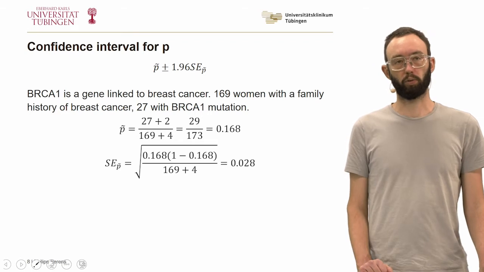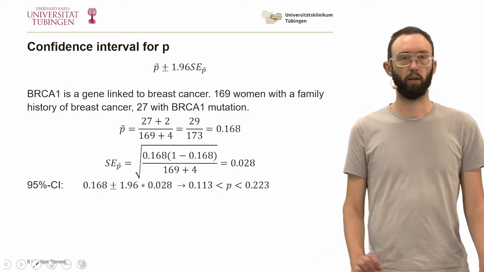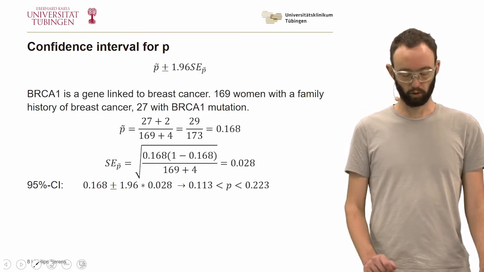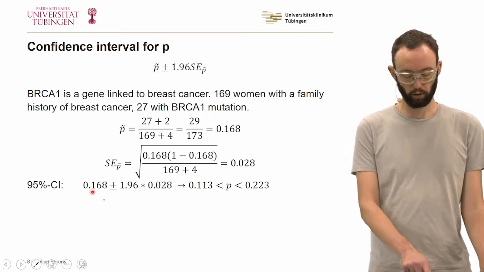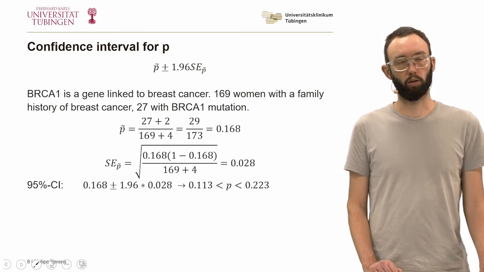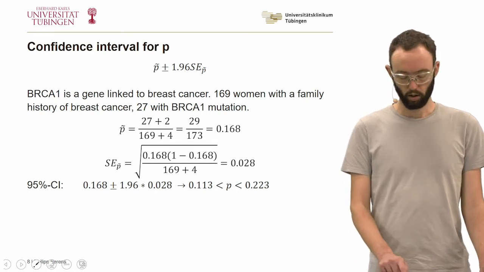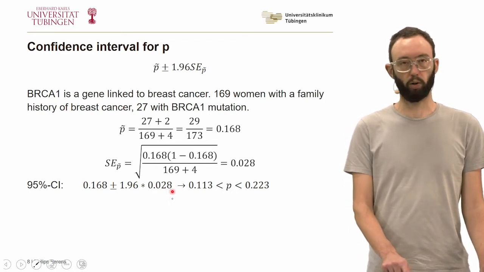Now we can specify our 95% confidence interval, and this works as follows. We simply say our 95% confidence interval is 0.168 plus or minus 1.96 times 0.028.